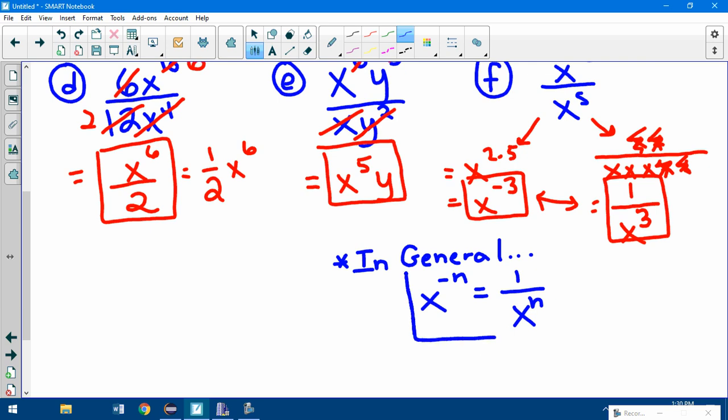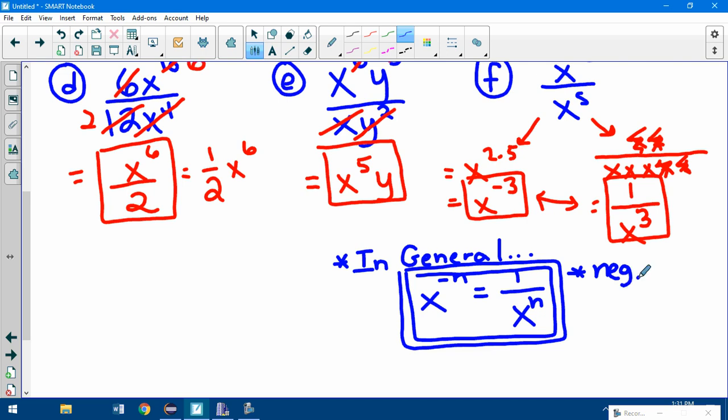So we'll write that in on our purple sheet in a minute, but for now, just keep that in mind. But it would also work if the negative exponent was on the bottom. So what I want you to really think of with negative exponents, negative exponent means flip the side of the fraction it's on.